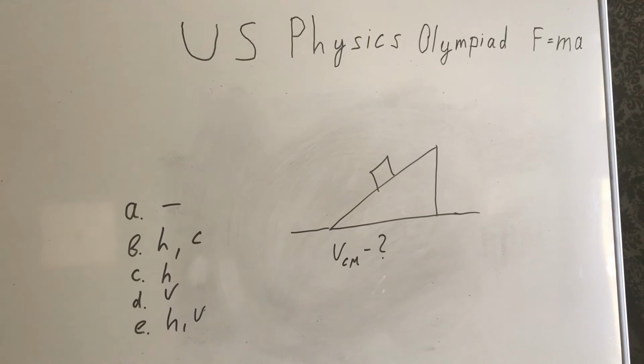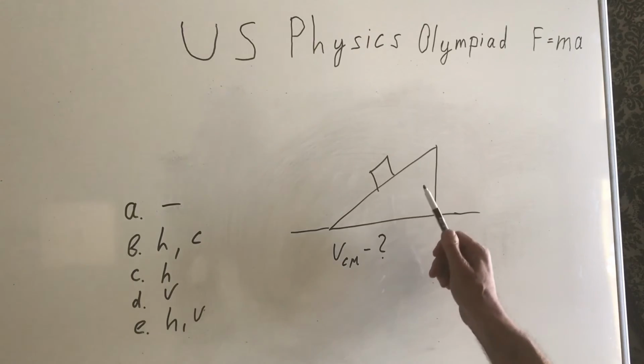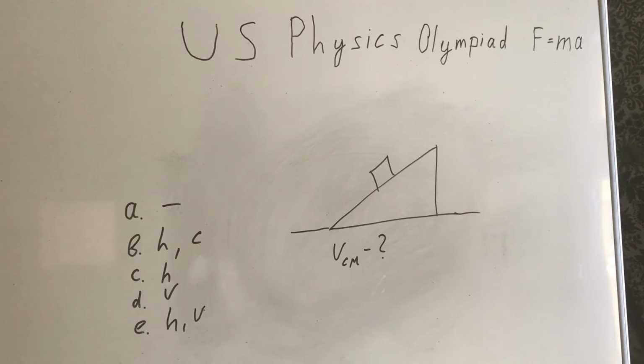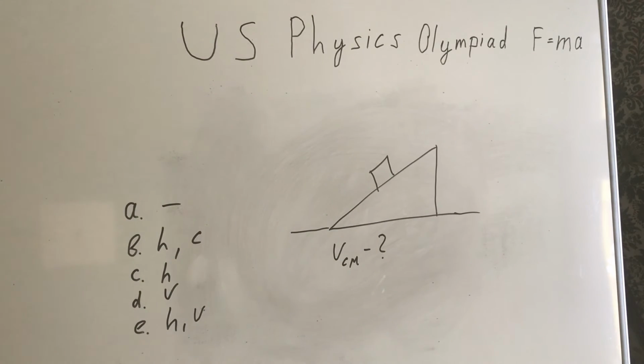Problem number 9. A large wedge rests on a horizontal frictionless surface as shown. A block starts from rest and slides down the inclined surface of the wedge, which is rough, so we have friction between these two objects. During the motion of the block, the center of mass of the block and wedge moves somehow, and we need to find how it will move.